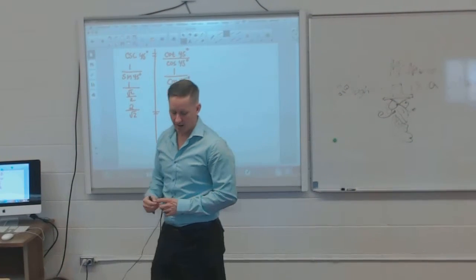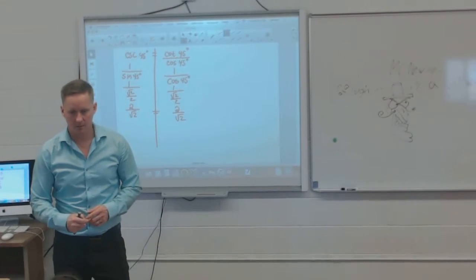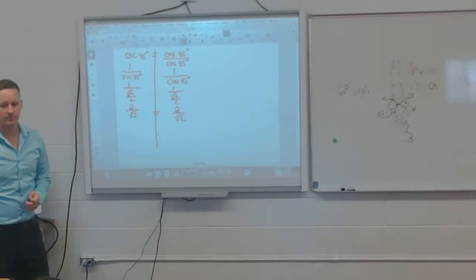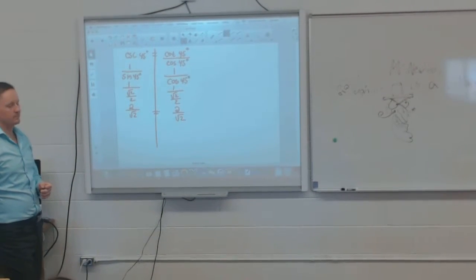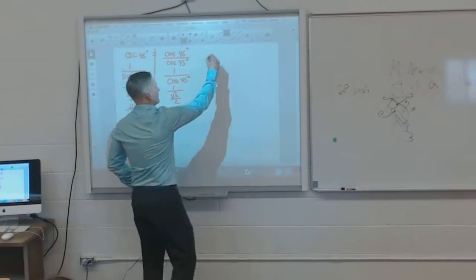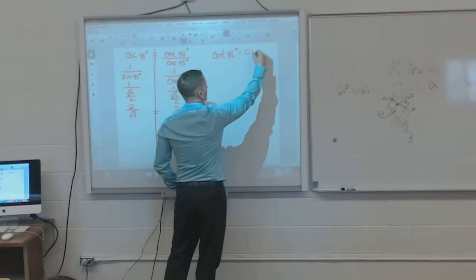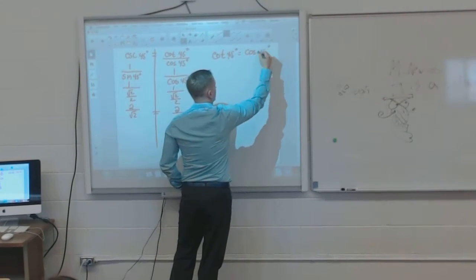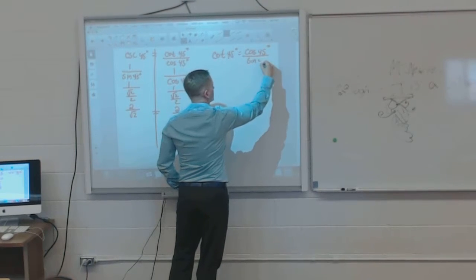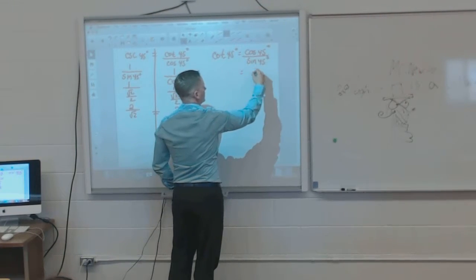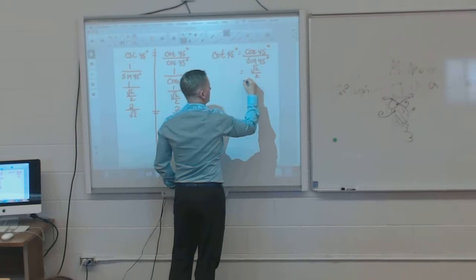That's perfectly okay. I have a question about the cotan. How did you get that again? Cotan 45 is equal to the cos of 45 degrees over the sine of 45 degrees. The cos of 45 degrees is root 2 over 2.